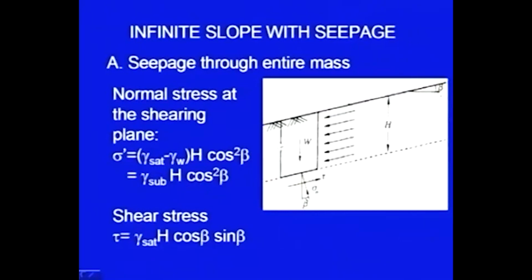So, the normal component will be equal to gamma submerged into h into cos square beta, and for the shear stress, please note down here, to compute the shear stress you should not use gamma submerged, but you have to use gamma saturated. The total saturated weight will be creating the instability.